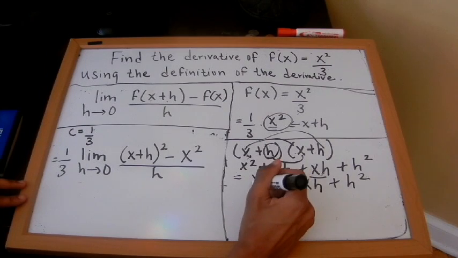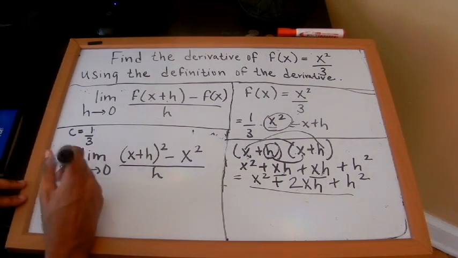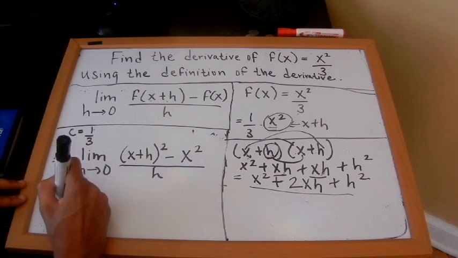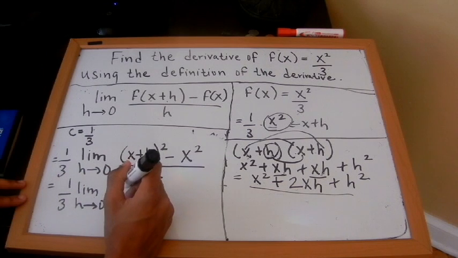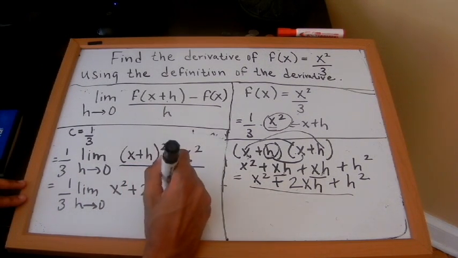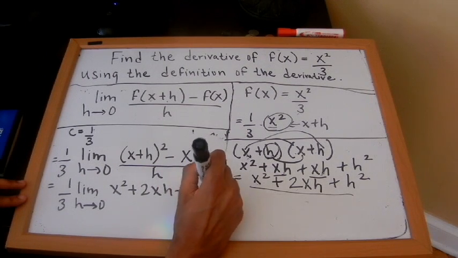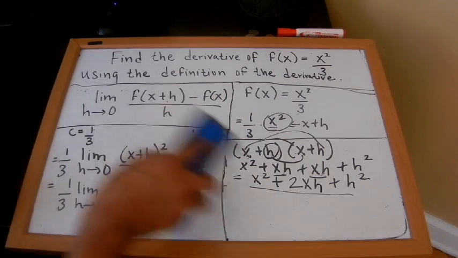And I'm going to plug this into my x plus h squared here. So we have 1/3 times the limit as h goes to 0 of x squared plus 2xh plus h squared all divided by h. So let me give myself some more room here.